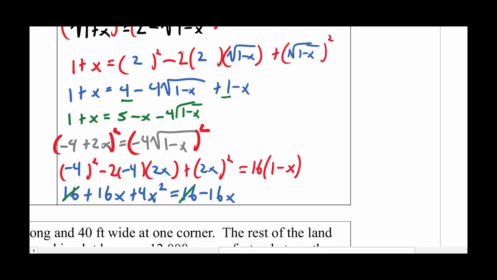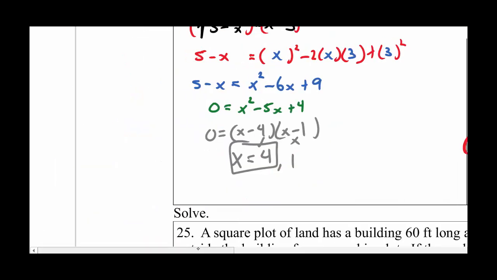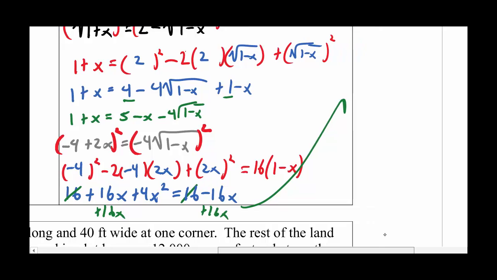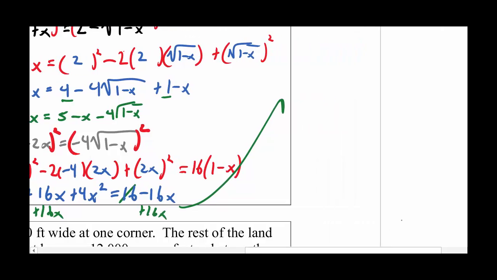And let's see, let's add 16x. Oops, sorry about that jerkiness there. So that's 32x plus 4x squared equals 0.